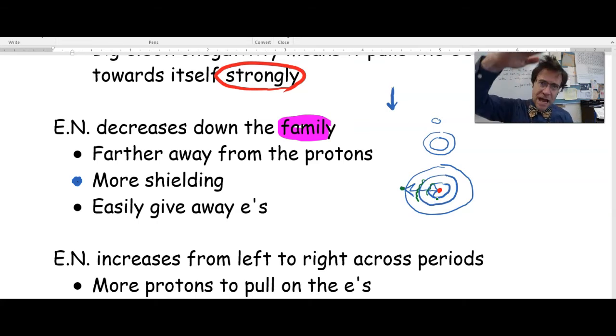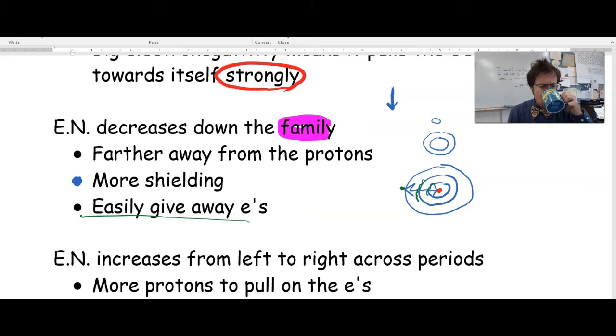So as you go down the family, as you take a step down, the radius gets bigger, and therefore the electronegativity gets weaker or smaller. It's inverse. Radius goes up, electronegativity goes down, and therefore it easily gives away electrons because it can barely hold on to them. Do you guys get what I'm saying?